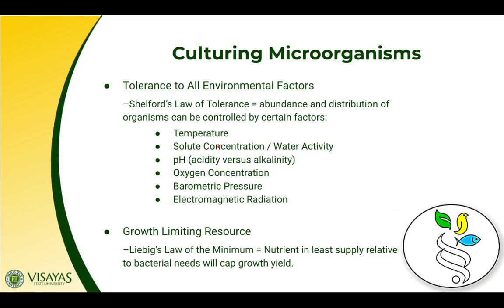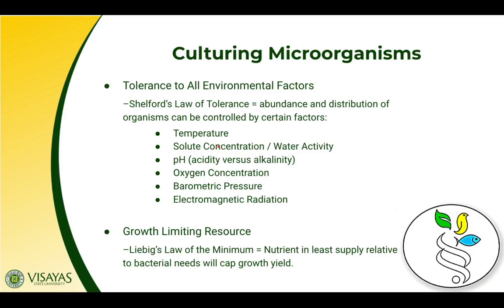So, for example, in pH, you cannot culture an acidophile in a basic culture media. Okay? So you should be able to understand the biology, the physiology of your target microorganism so that you will be successful in culturing them.